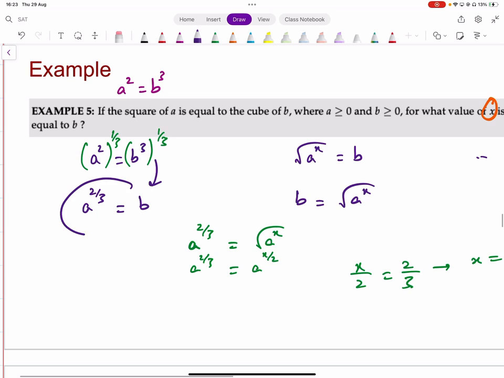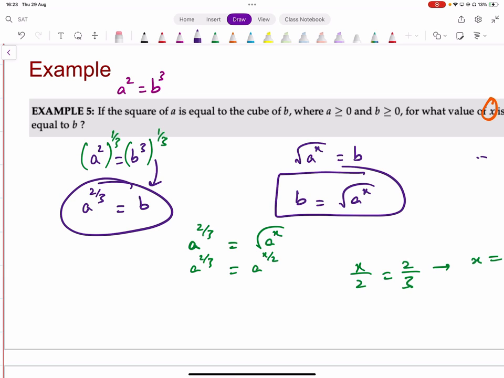And that gave us b equal to this. Now b equals square root of a raised to power x, and b equals a raised to power 2 over 3. Just equate both of them, solve that, and that gives you the value of x. Does that make sense? No problems?